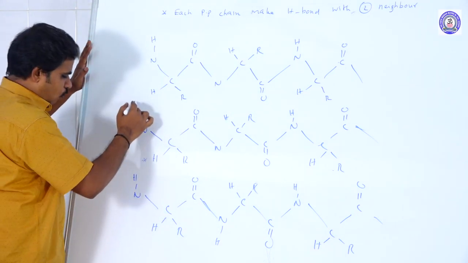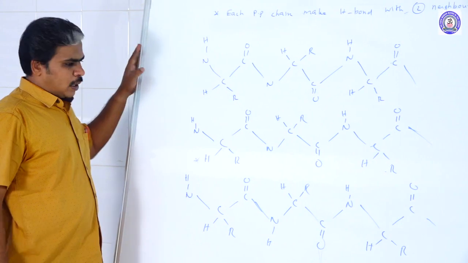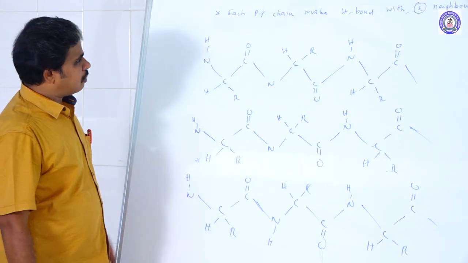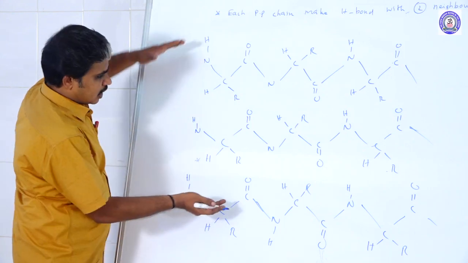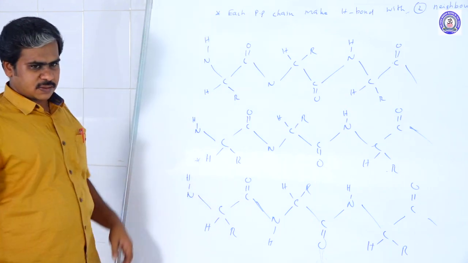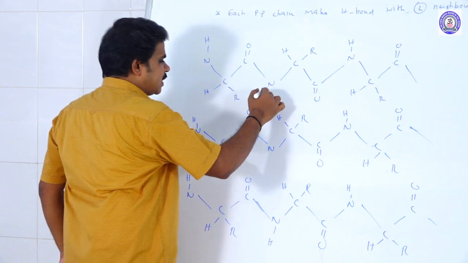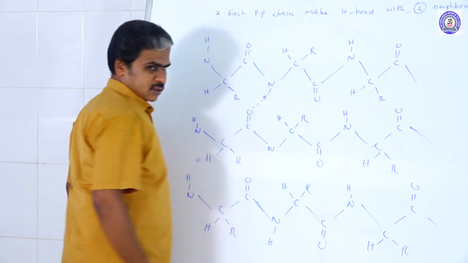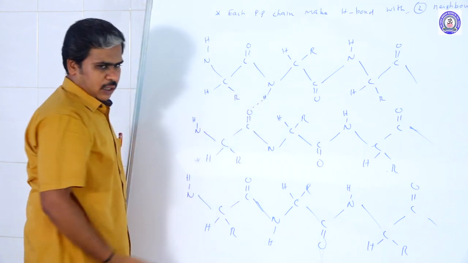Now we may take one polypeptide chain, which is making hydrogen bonds with its two adjacent neighbors. So this is a hydrogen bond.